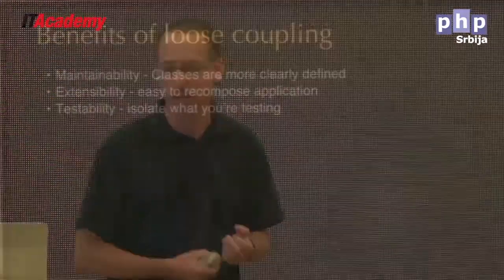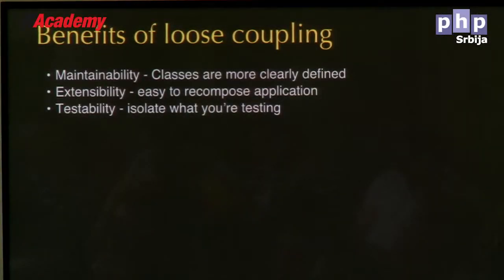So the benefit of coupling loosely is, as I say, maintainability. Any given class can be more clearly defined. It can do less work itself. That makes it more maintainable. Systems are more extensible. We can rearrange classes. We can put them together in different ways within our application. We can take a class that we wrote over here and reuse it over here.